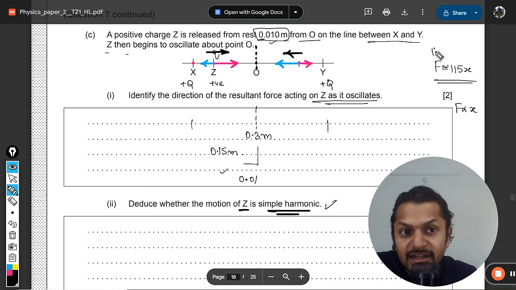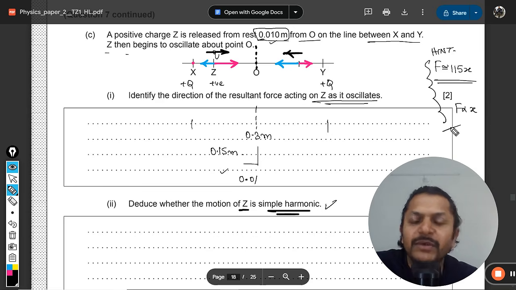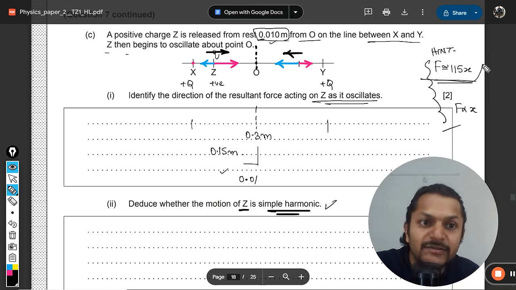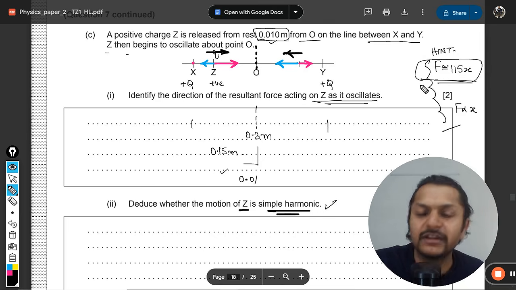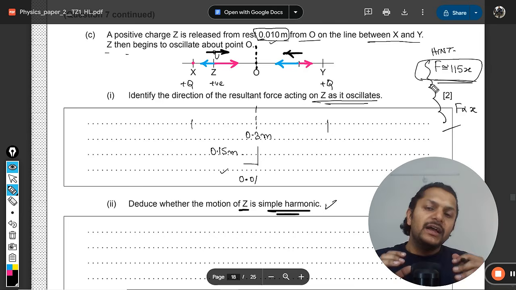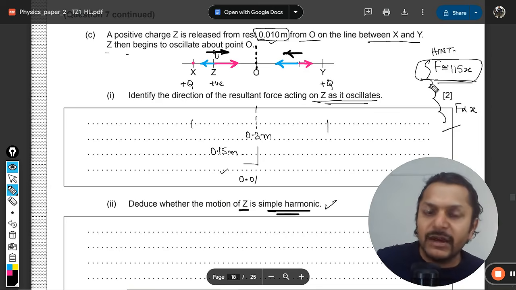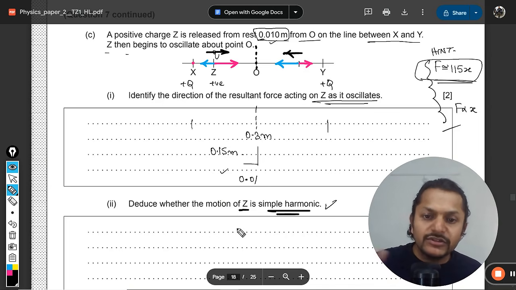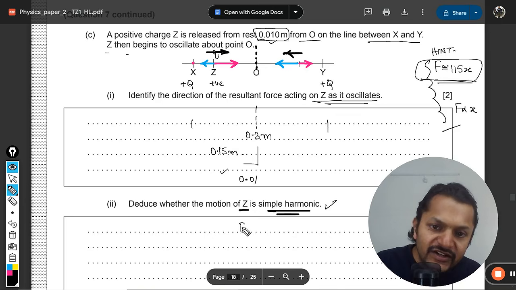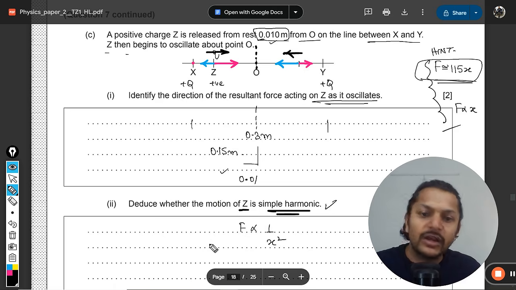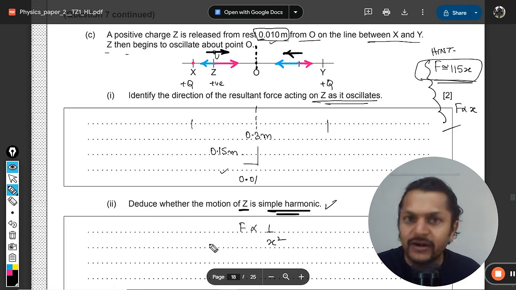This is the hint. Now, if this is given, we can clearly say that yes, it will be simple harmonic motion. But in this case, this expression is not given. So, whenever we create this kind of an expression ourselves by using Coulomb's law, we will first create a relation in which F will be directly proportional to 1 by x square, or inversely proportional to x square.